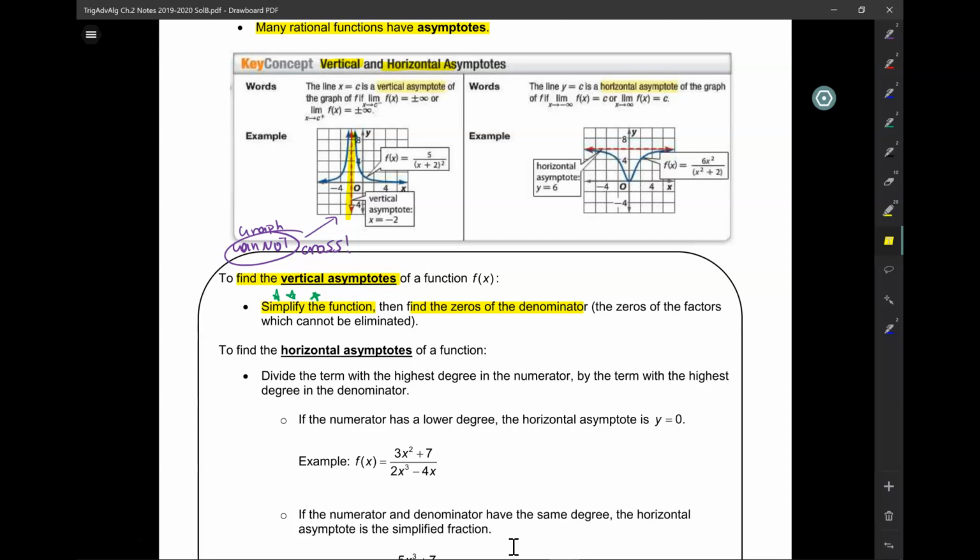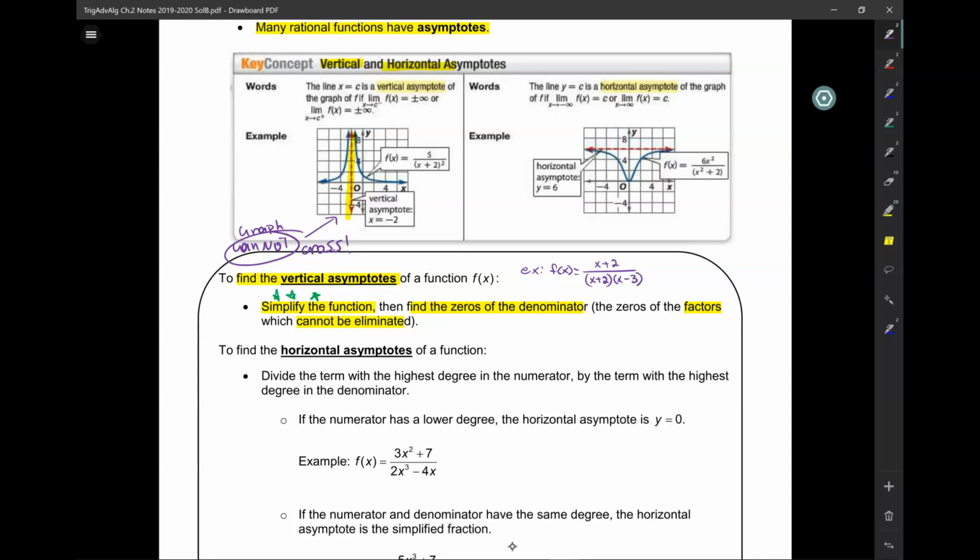Now I need to put a little caveat, a little disclaimer here. We're going to run into this later. These are the zeros of the factors which cannot be eliminated. Suppose you simplify a function and you have f of x is equal to x plus 2 over x plus 2 times x minus 3.